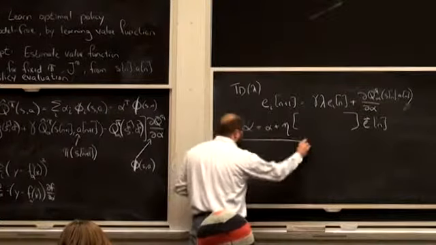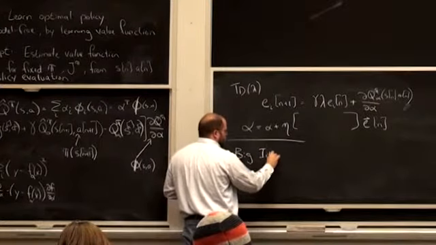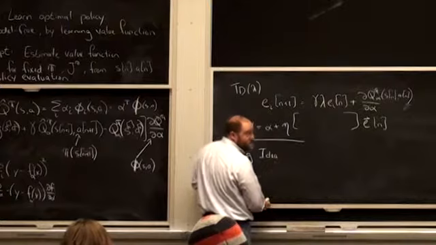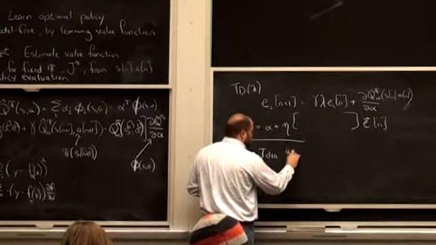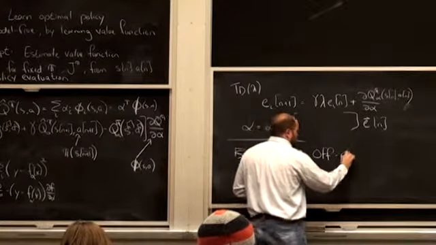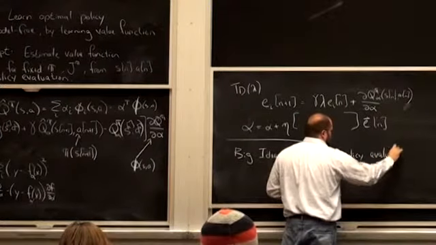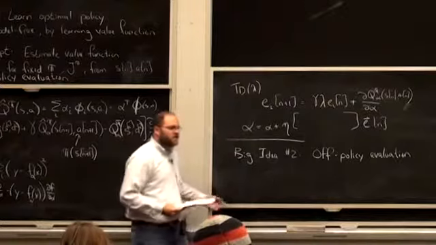Big idea number 1 is we have to use Q functions to do action selection. Big point number 2 is off-policy evaluation.